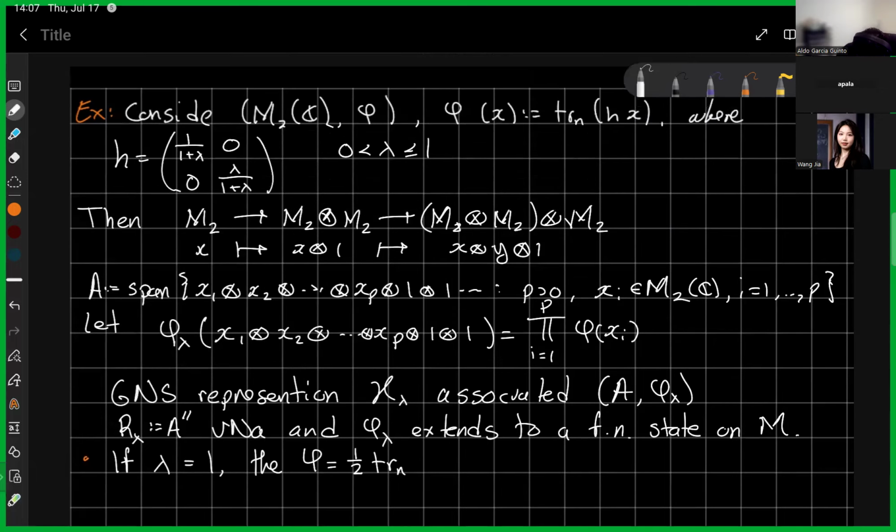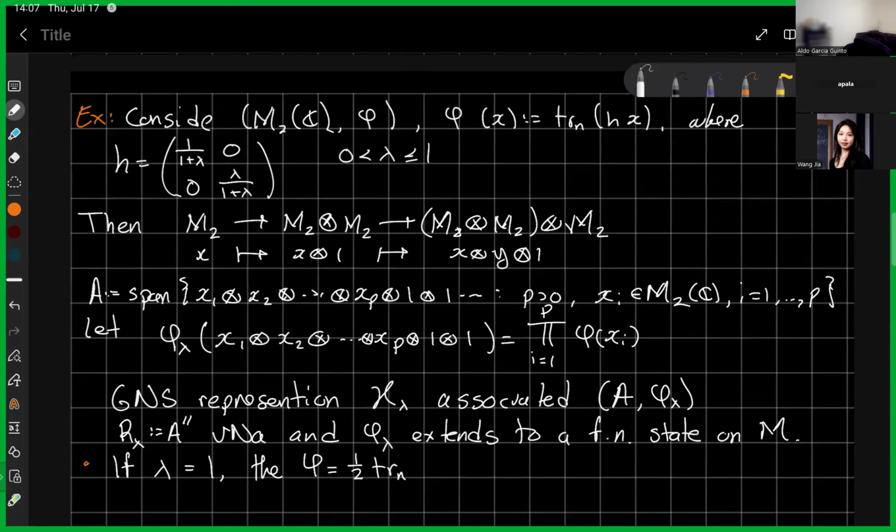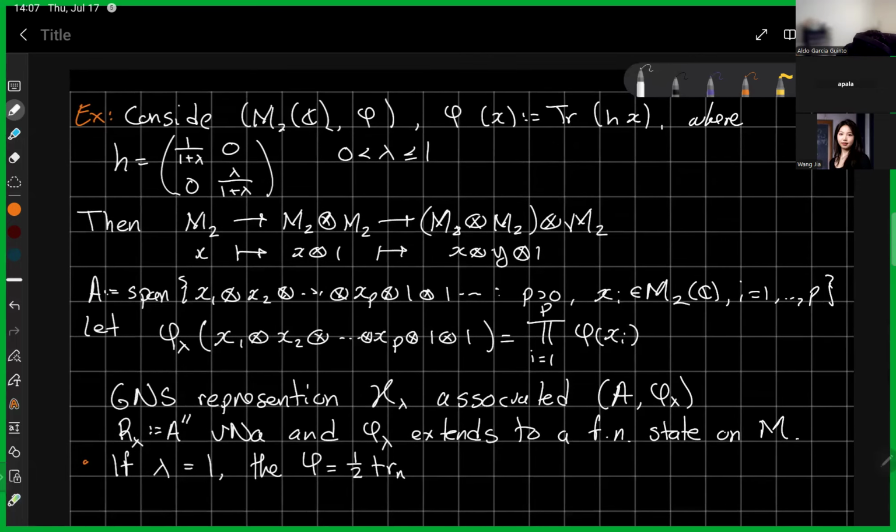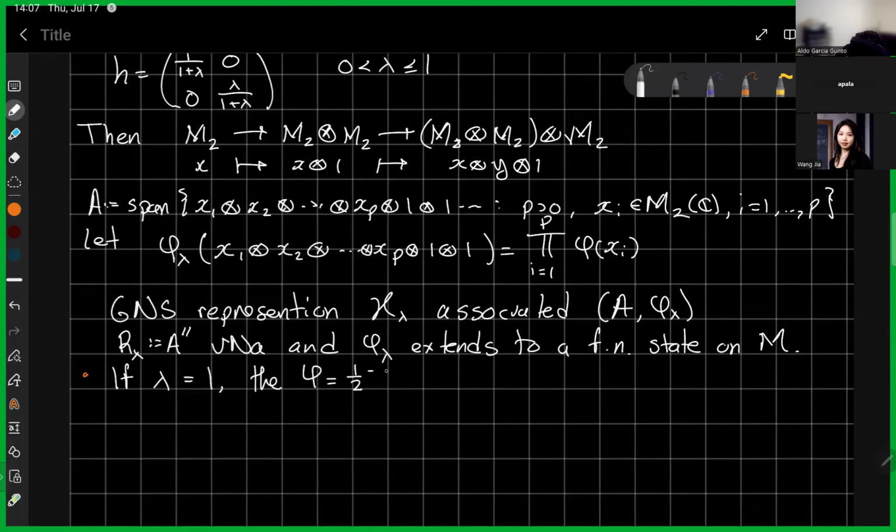Okay, so I should not have put normalized trace here. It should be the regular trace. Then that just tells you that phi_lambda is tracial. And this procedure should just be giving you the hyperfinite II_1 factor.